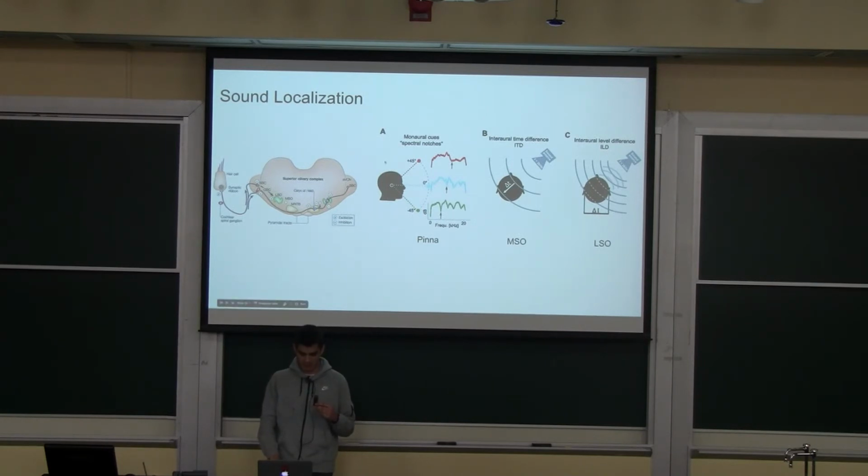And so we explain this a little bit more in detail in section. I'm not going to dwell too much on that, but the idea is this is a monaural cue, and these are two binaural cues. And this is for level and timing differences, and this is for elevation information. Okay?